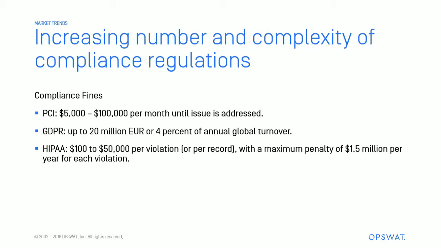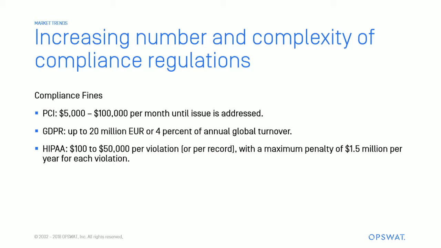GDPR, of course, went into effect about 6 months ago, and if violated, it can result in up to 20 million euros as a fine, or up to 4% of annual revenues.